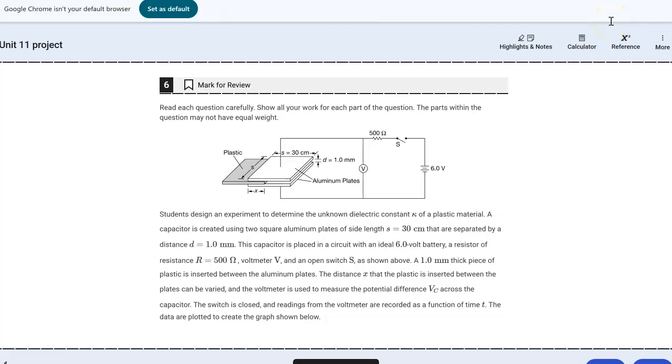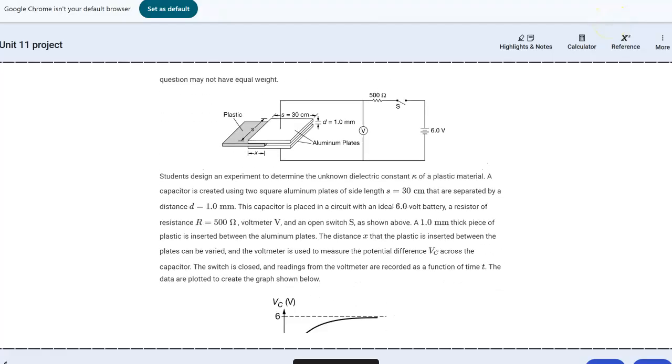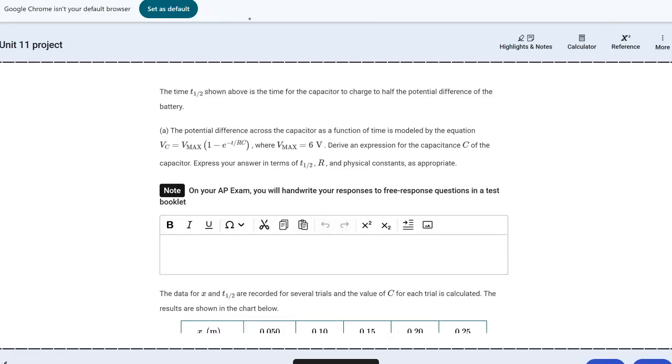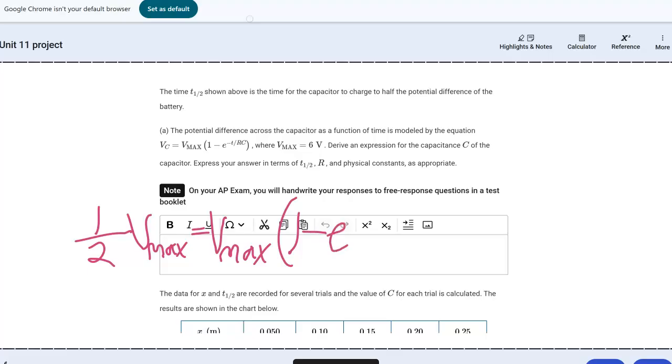So what we're going to do is, using that equation for charging, we can write that at half, that's going to be Vmax, and the only thing is we're going to have to plug in the negative t, but at that half over RC.